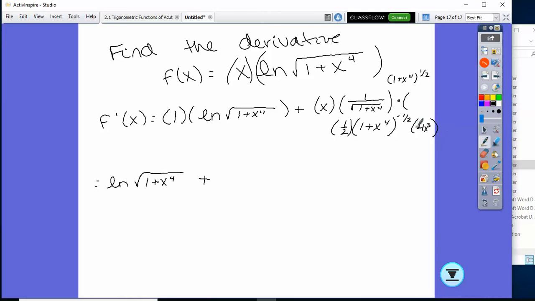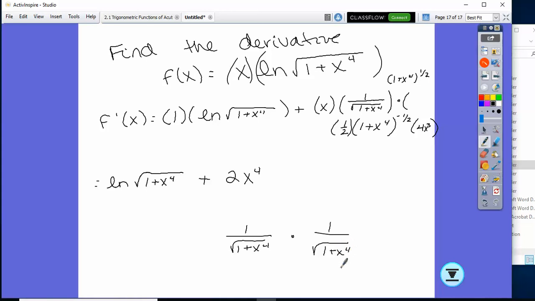Okay. 1/2 and 4 would give me a 2. X times x cubed is x to the 4th. Okay. We have a 1 over the square root times, this is a negative 1/2, which is also like a 1 over the square root.